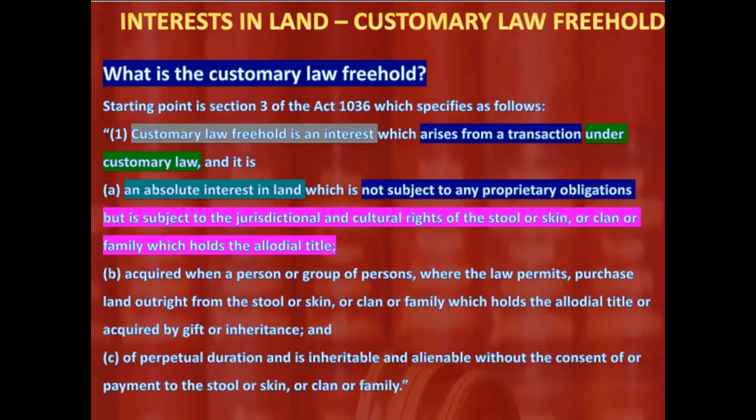And we mentioned that the holder of the customary law freehold acquires an interest which is of perpetual duration, which is inheritable, and which is alienable without the consent of the holder of the allodial title. So we dealt with the allodial title under Section 2, the customary law freehold under Section 3, and then the common law freehold under Section 4.